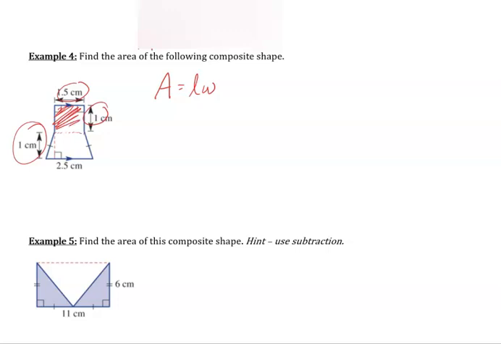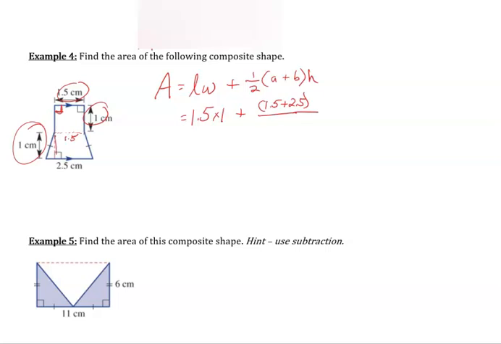So that gives us this area, plus a trapezium. And a trapezium is 1/2 of the 2 parallel sides, which we know because this will be 1.5, because we have a little right angle there, that's our little clue, times the height. So let's plug in some numbers. Length times width, times 1. Plus, I'm going to do my little trick where I put the 2 on the bottom: 1.5 plus 2.5 times the height here.